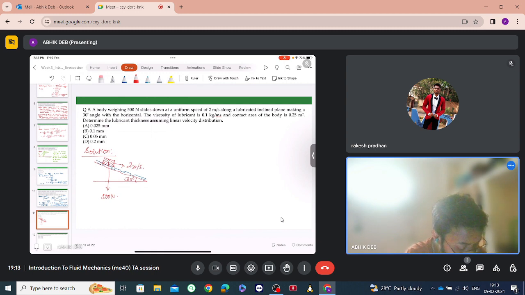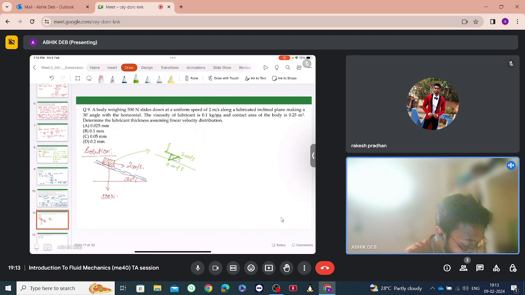So what is linear velocity distribution? If we enlarge it, this is the solid body, and this is the fluid. Near the body, this layer is moving at 2 meters per second, and the other will be at zero velocity, and there will be a linear variation from 0 to 2 meters per second.